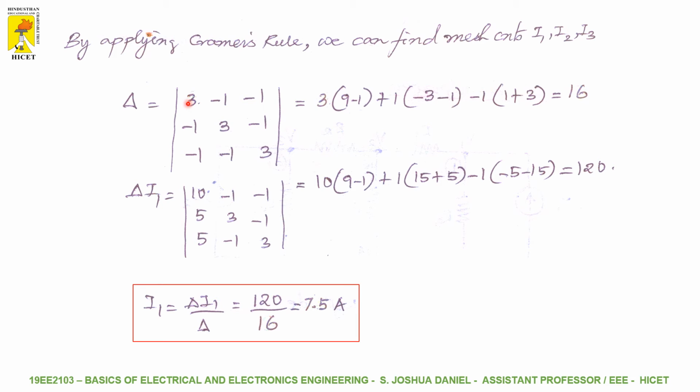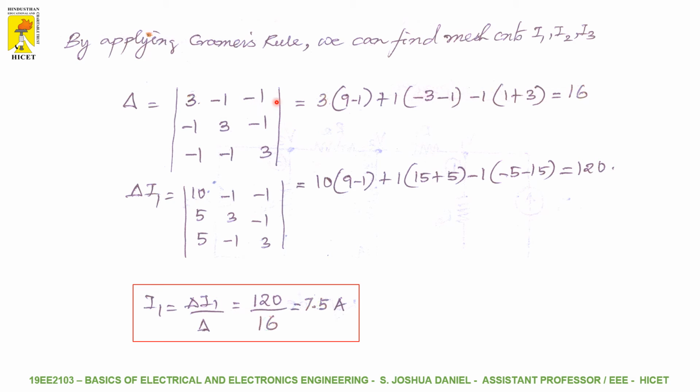So 3 into 3 minus of minus 1 into minus 1, that will be 3 into 3, 9 minus of minus 1 into minus 1, 1, right? Next, minus 1 into already minus 1 minus, so it will be plus 1. Then minus 1 into 3 minus of minus 1 into minus 1, minus 3 minus 1, right?